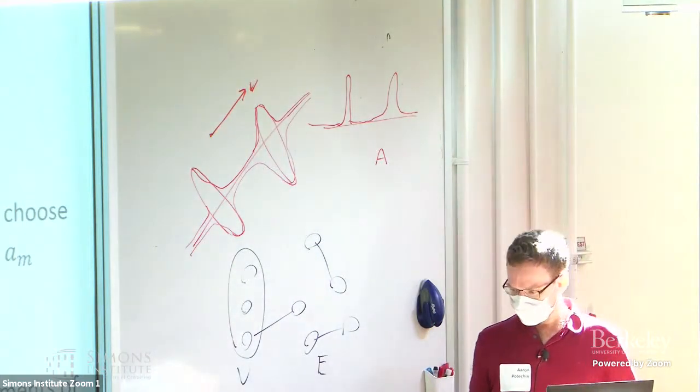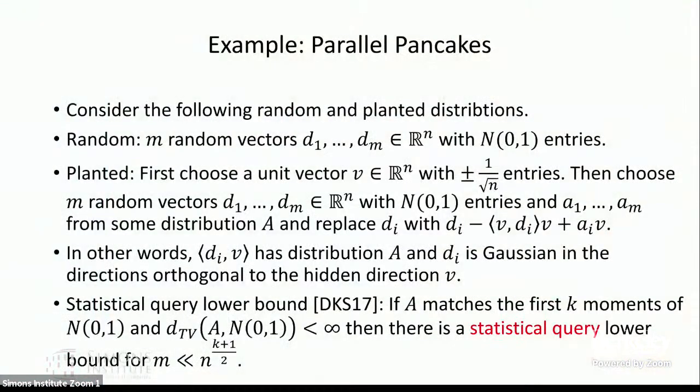And as recently shown by Sam, Salil and others, I apologize for not having the names off the top of my head, statistical query lower bounds are very closely connected to low degree polynomial lower bounds.